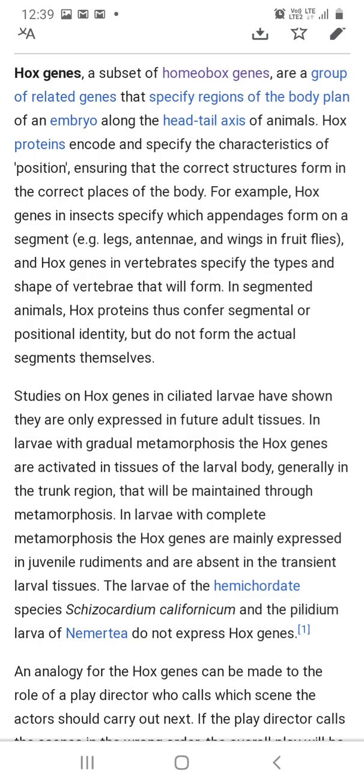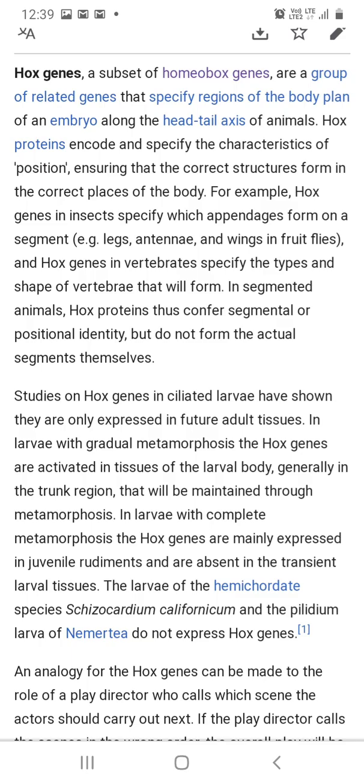Now, one is intrigued to ask the question: what is the function of homeobox? Homeobox are present in almost all eukaryotes.